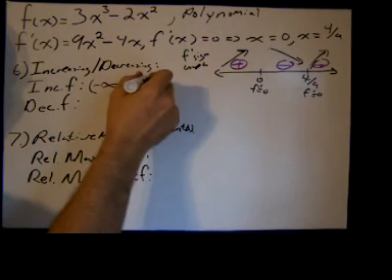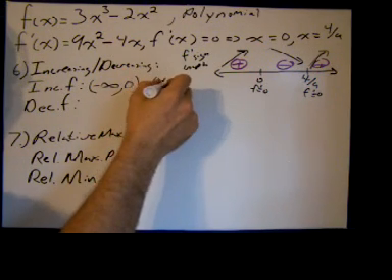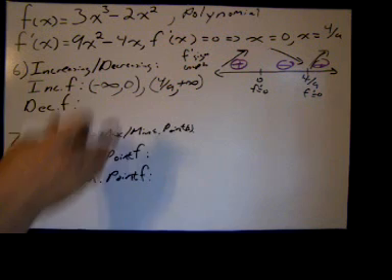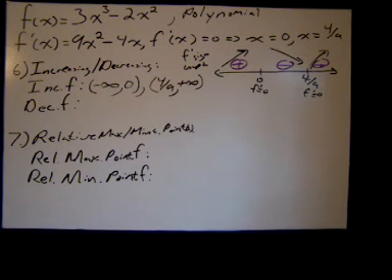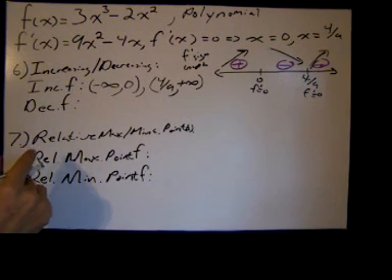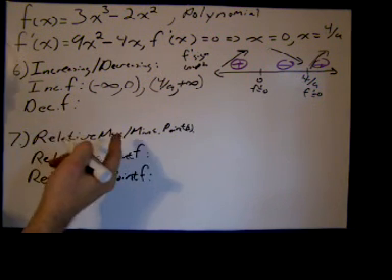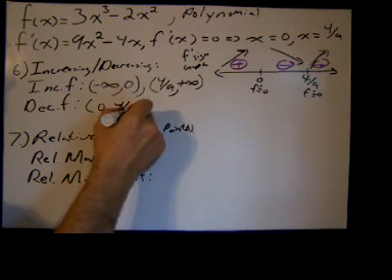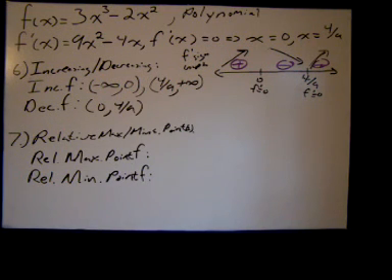And then it's increasing from 4/9 to positive infinity. And again, I'm not going to use a union symbol. I could, but I'm just labeling intervals. And then f is decreasing from 0 to 4/9, and again, I'm not going to include those endpoints.